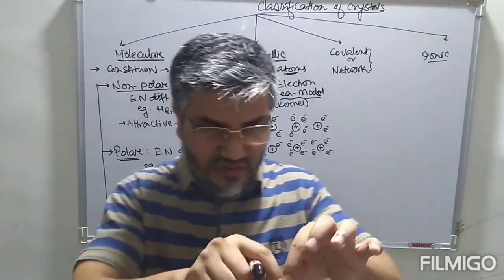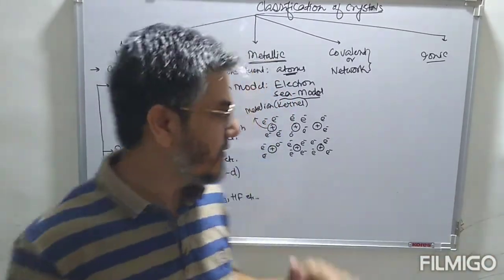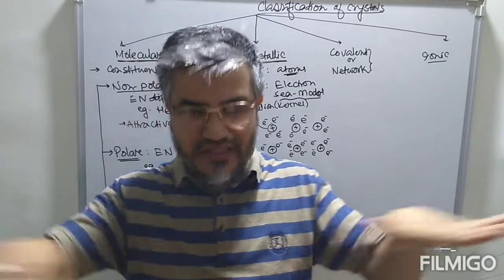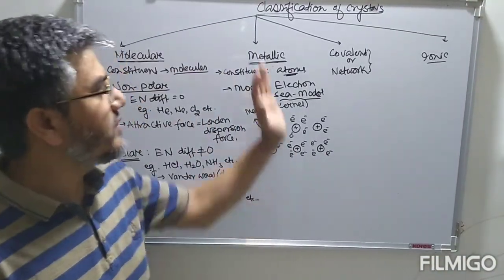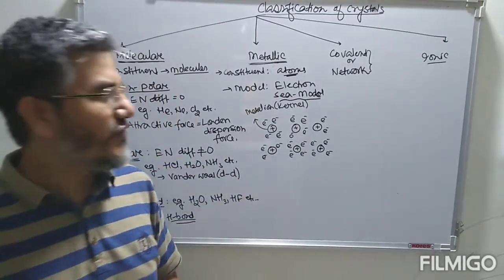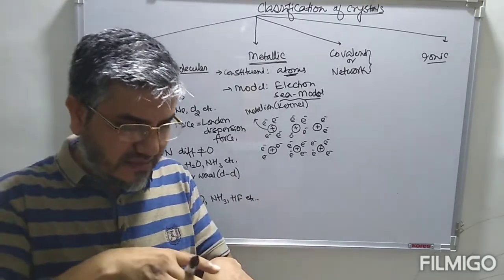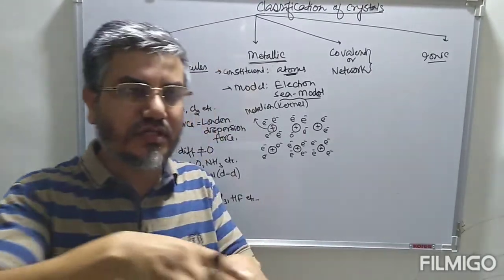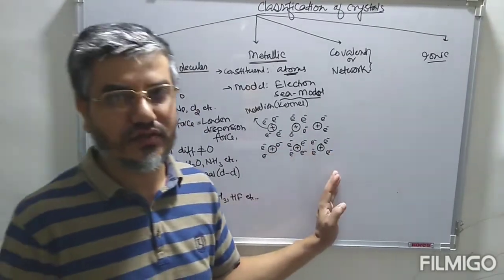Again, we are saying that metals are highly malleable and ductile. Ductile means they can be drawn into thin wire-like forms, and malleability means they can be spread into thin sheets. So the malleability and ductility of the metals is again because of these mobile electrons. Now when we hammer these metals, these layers slip over each other without disturbing the arrangement of kernels and electrons.